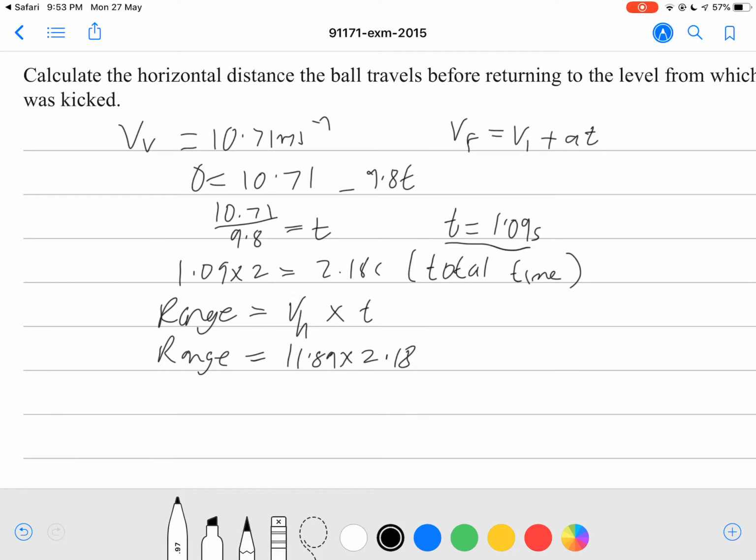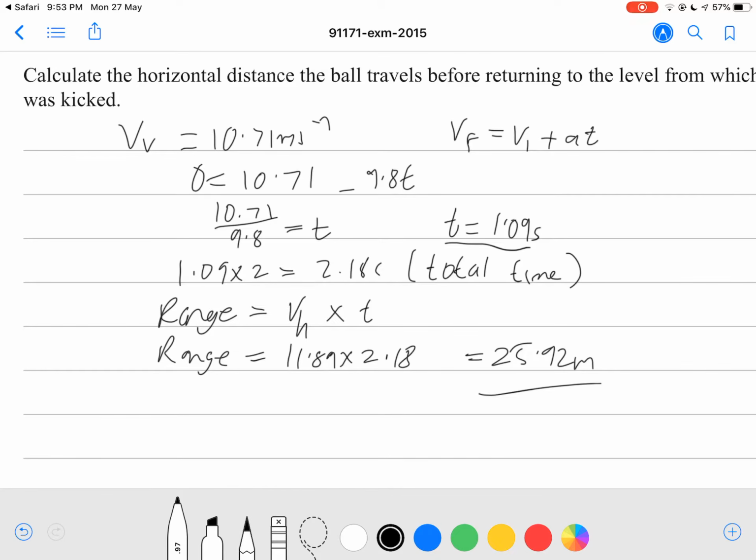What does that give us? 25.92 meters. So therefore, the ball travels 25.92 meters before landing on the ground again, okay?